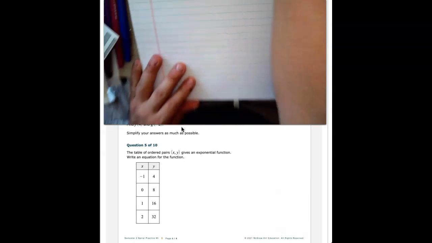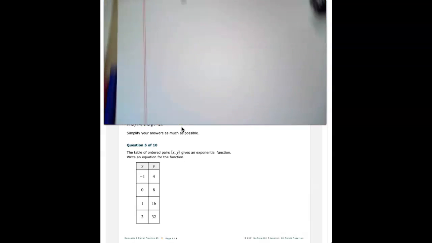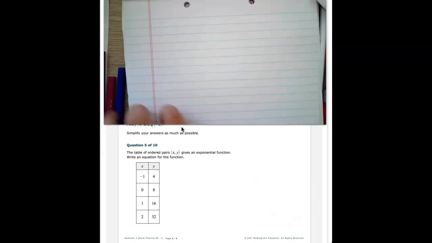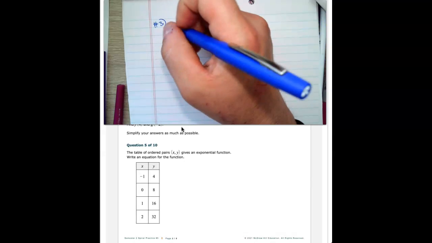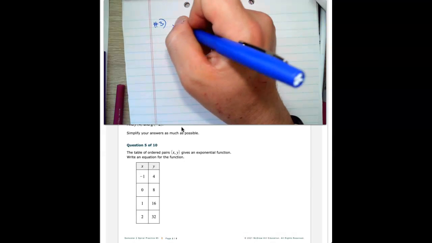You can also see it's in the format y equals mx plus b still. So, number 3, y equals negative 2x minus 5.